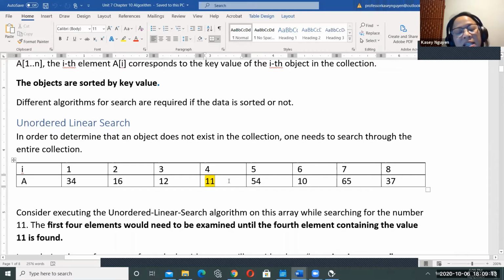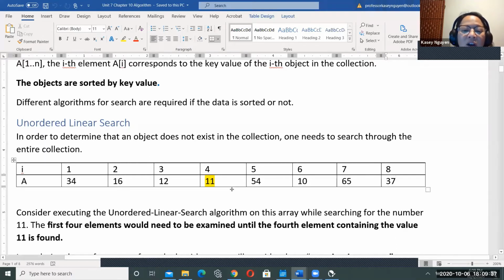If the key is not found, then it has to go from the beginning to the end, right? So let's say I'm looking for the number 100 and it doesn't exist in my container, it has to look through every single item until it gets to the end, and it will give me the result that it cannot find the value.